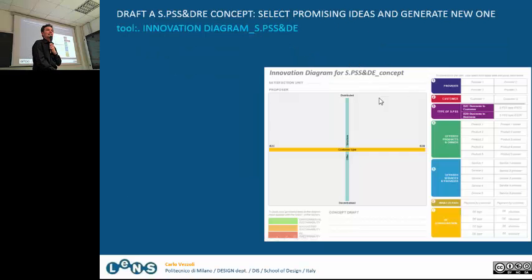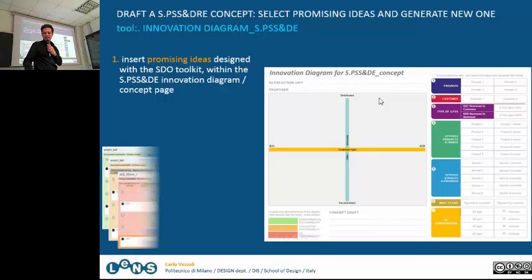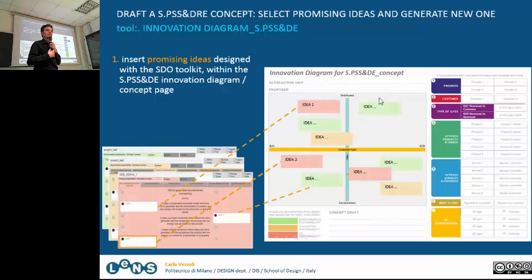And for this, we are using again the innovation diagram. We have been using it to analyze the existing offer and the competitors. Maybe that is not needed all the time. You will not be doing this, okay? You will be using it only for what I'm going to say to you, to select the most promising idea.